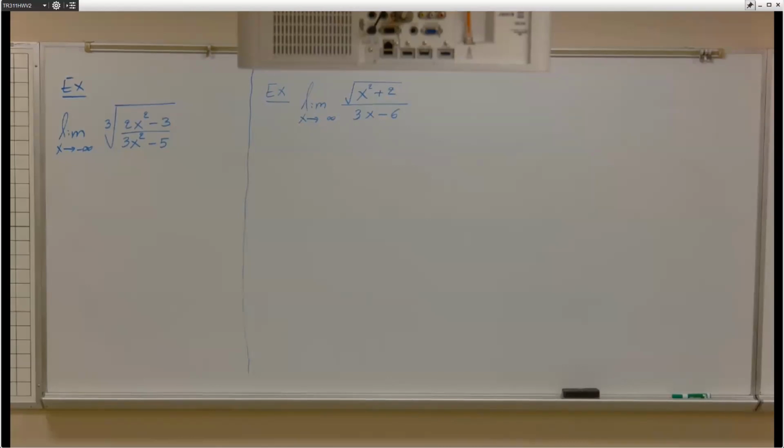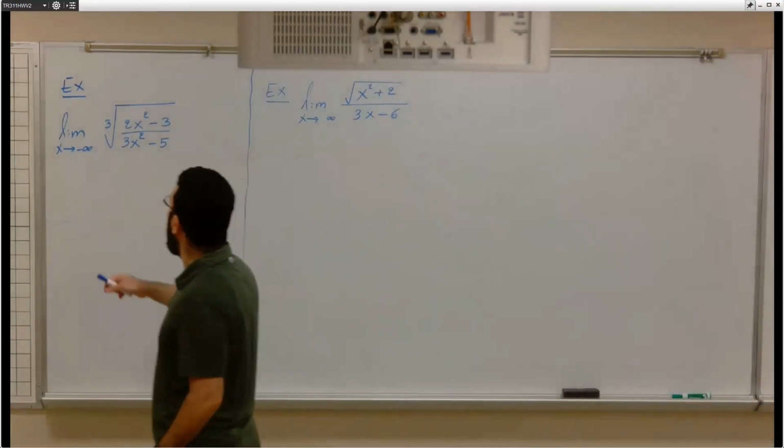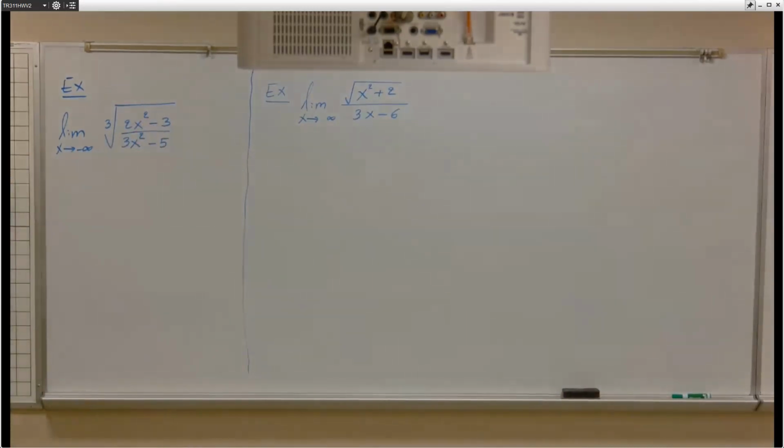Let's check this example. We want to find the limit of the cubic root of (2x squared minus 3) over (3x squared minus 5). Careful here, it's a cubic root. Can I divide both by x squared, the highest exponent?